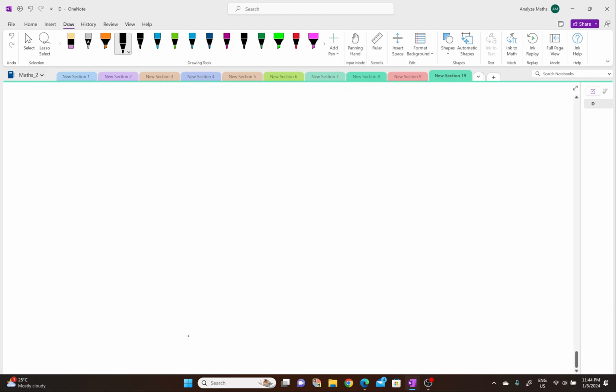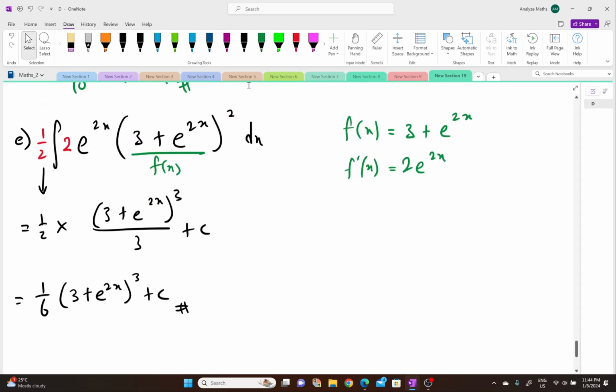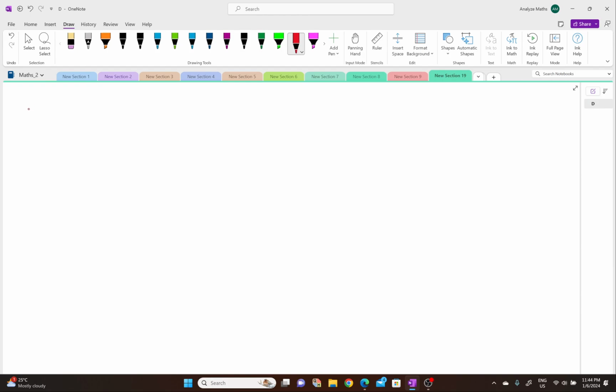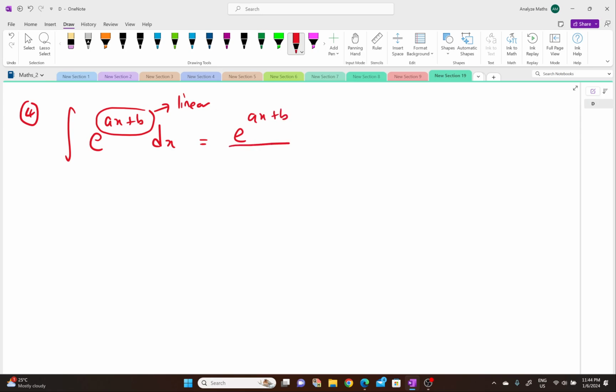Alright, next. This rule was rule number 3. Rule number 4. Remember, this one is linear. When you integrate linear, then e to the power of this is the answer.